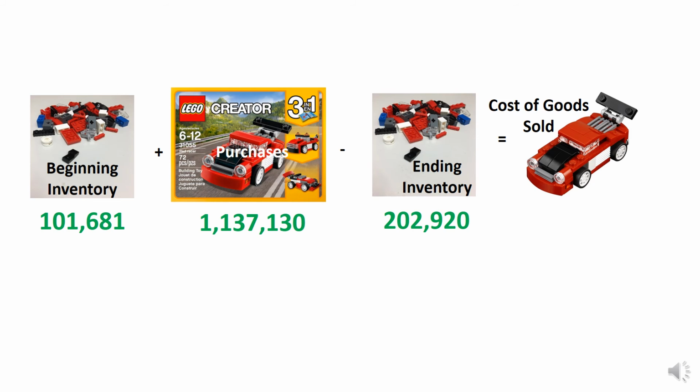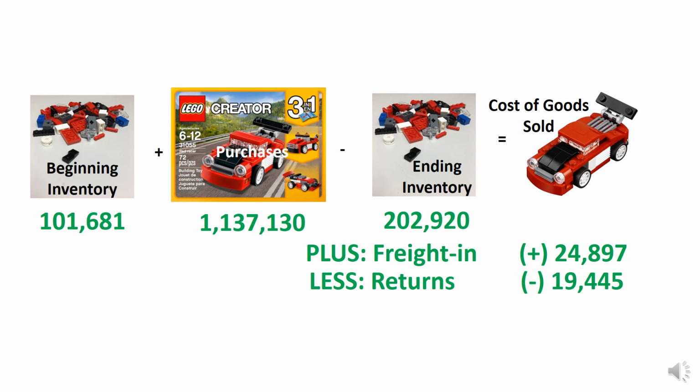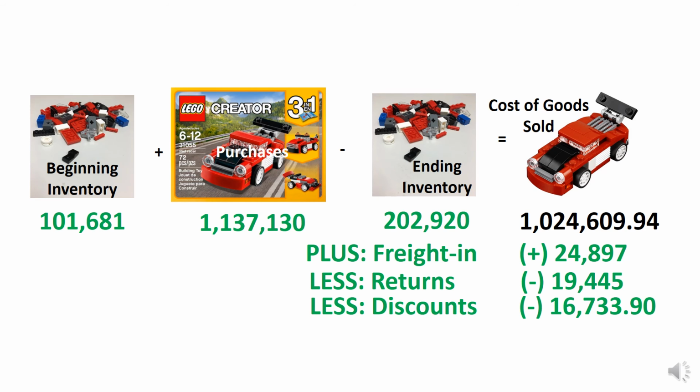We adjust that ending inventory amount for the value of freight in and subtract any returns we made on our purchases, as well as any discounts we received from early payments. After this adjustment, we compute our cost of goods sold to be $1,024,609.94.